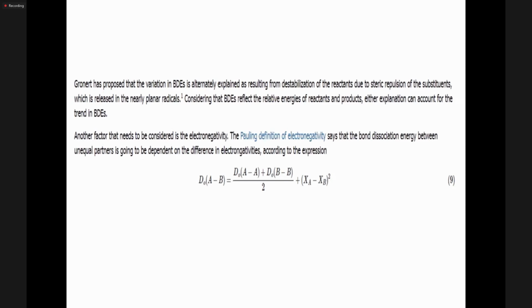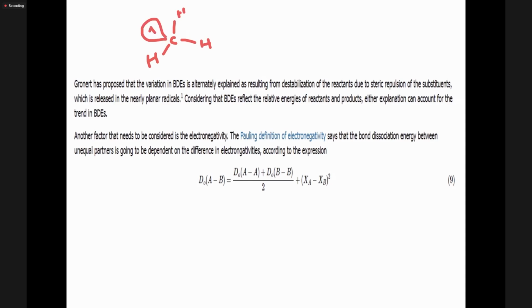So we have radicals. If you see classically, if we take up the methyl radical, so we have a carbon atom. We have three hydrogen atoms, and we have a radical over here.